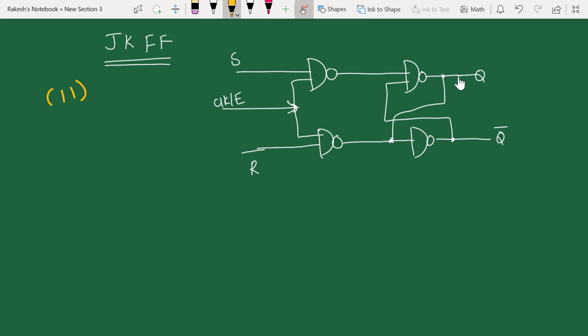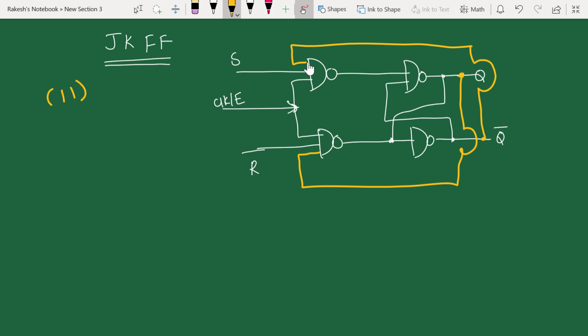What I am going to do is take the Q output and give it as an input to the R AND gate. Similarly, I am going to take Q bar output and give it as an input to the S AND gate. This is your Q and this Q bar as usual. Now the extra thing we did is we just added one feedback loop, Q bar to S and Q to R AND gate. Now we are going to analyze this circuit.